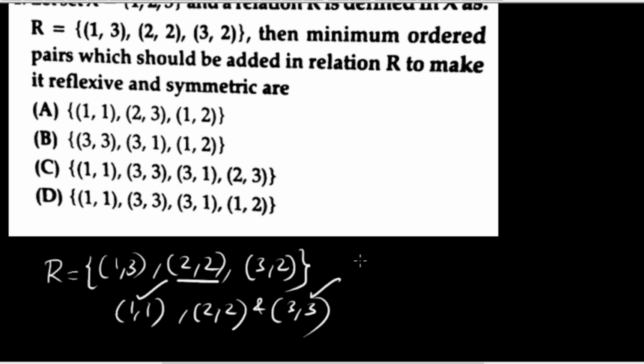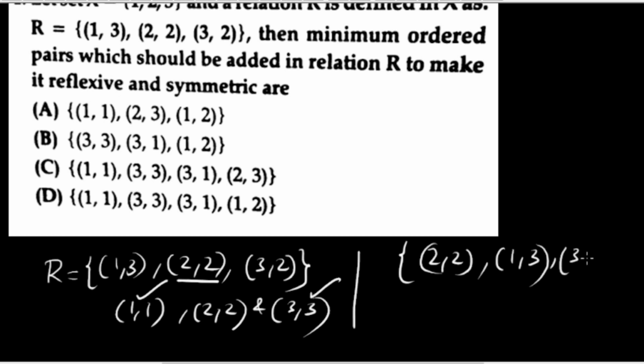For symmetric, the pair (2, 2) is repeating itself, so we cannot do anything with that, but (1, 3) has been given. Symmetric means we should write it vice versa. So for (1, 3) we can write (3, 1), as well as for (3, 2) we can write (2, 3).